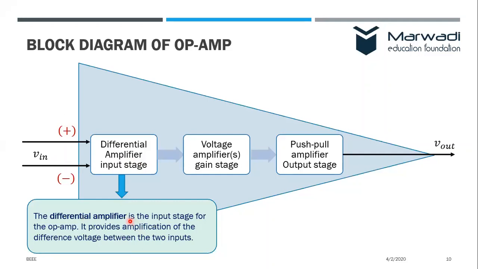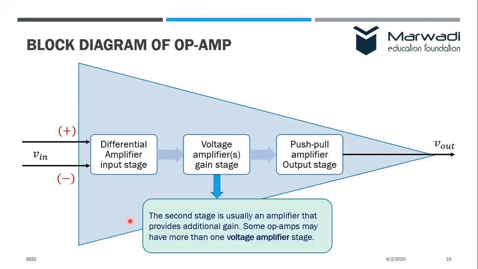Then we have a voltage amplifier. The second stage is usually an amplifier that provides the additional gain, because first we had the differential amplifier, which is amplifying the signal, of course, but this amplification may not be sufficient.